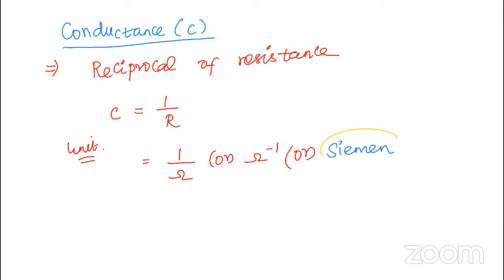This is also one of the units. So conductance is the reciprocal of the resistance, and the expression is C is equal to 1 by R.